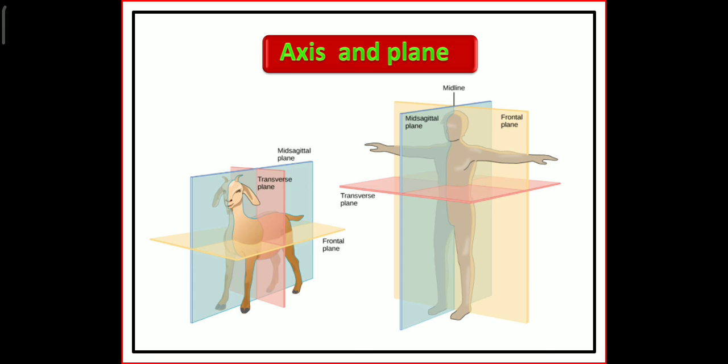The entire body of bilateral animals can be divided into three planes, such as frontal plane, sagittal plane, and transverse plane. Any of the vertical planes perpendicular to the sagittal plane that passes through the body, separating the upper and underside, is called the frontal plane.